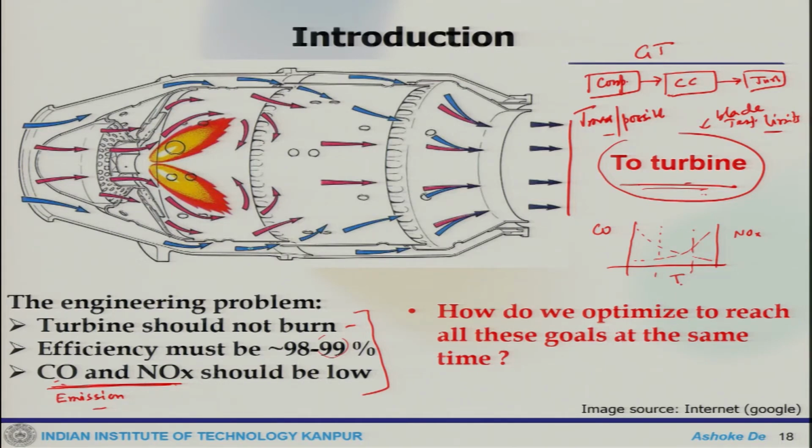So, you sort of compromise on these emissions, and this compromise would have an impact on the turbine blades, but at the same time if you operate between certain limits, your efficiency may not be that high.